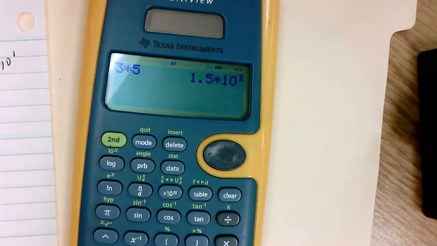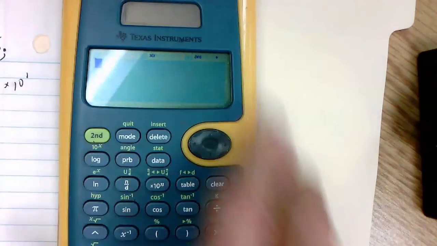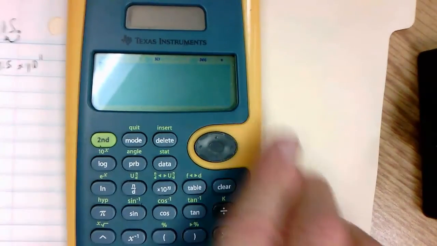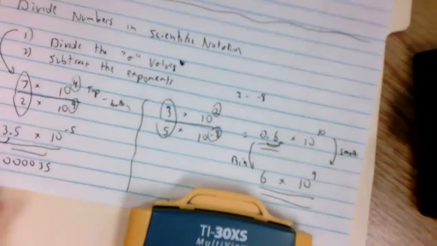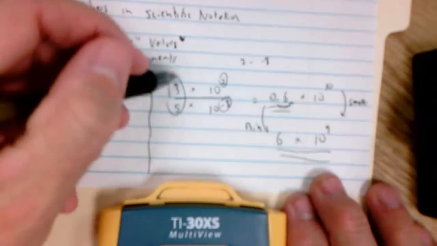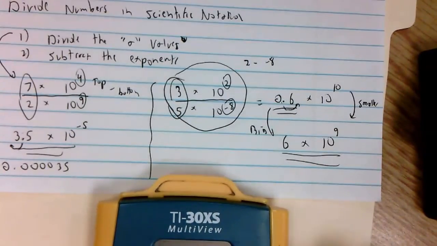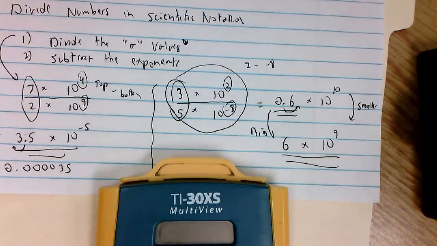So what you could actually do when you're using numbers in scientific notation is you could put your calculator in science mode. And I will do this problem again right here. Now, I want to warn you that when you're typing numbers in scientific notation, you're going to want to put them in parentheses.